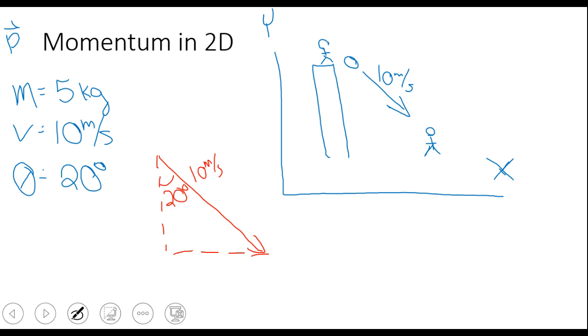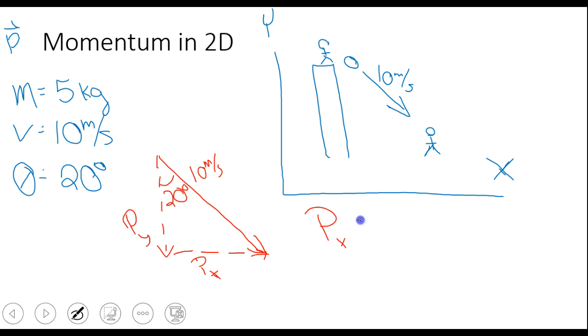We're so excited to have you again. We are going to use trig to find the x component and the y component of this momentum. If this person is at 20 degrees, we'll find the momentum along the x first, and then the momentum along the y.